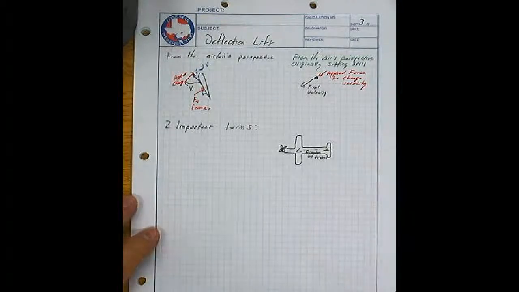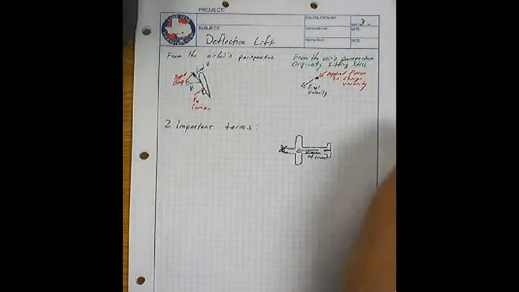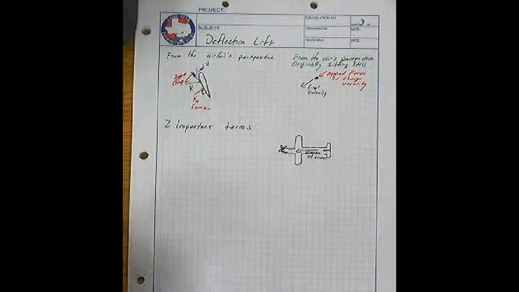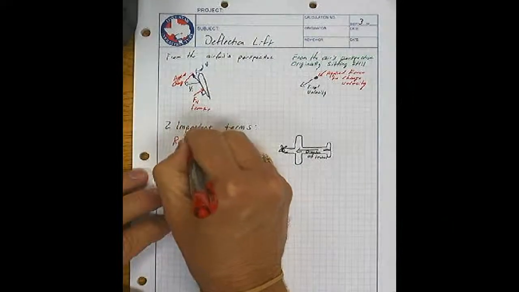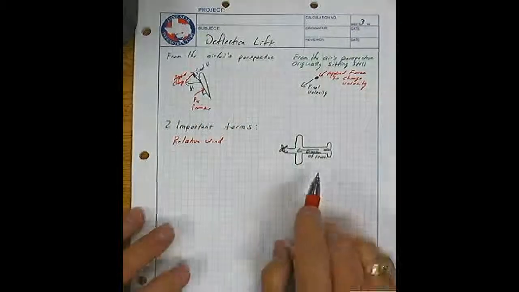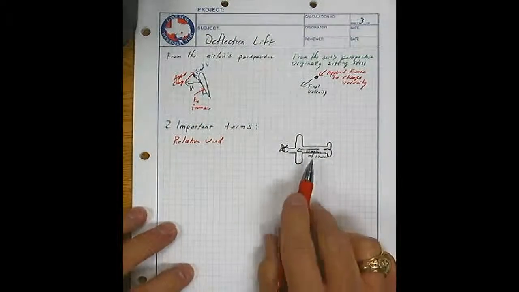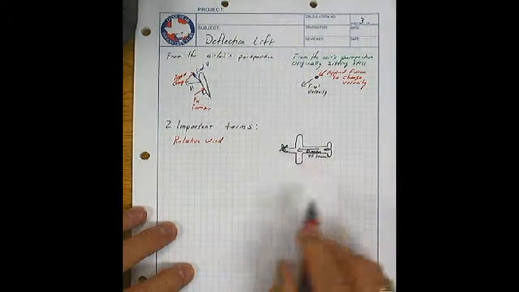Now there are two important terms that we need to look at in terms of deflection lift. One of them, and we've kind of talked about it, is relative wind. I talked a little bit about this last time, but if I have an airplane drawn here, I did a quite artsy job I'm proud of, even with a propeller on the front.